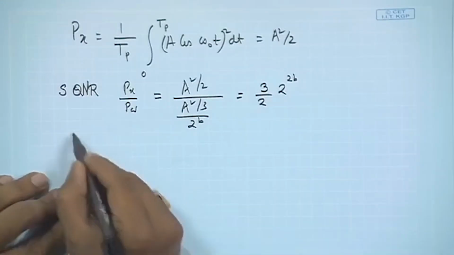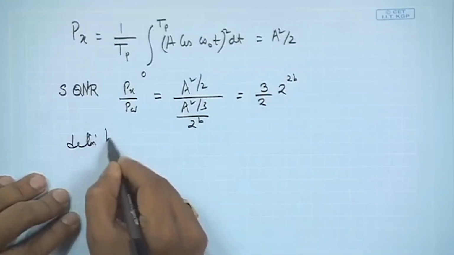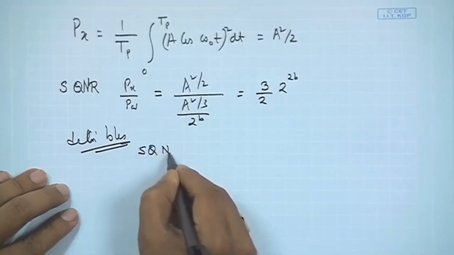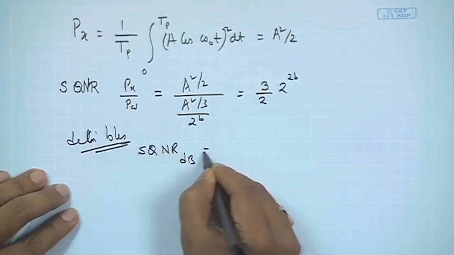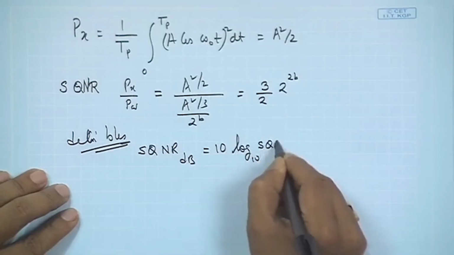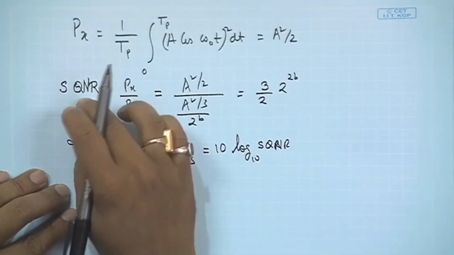So, if you convert this to decibels, that means SQNR in dB is 10 log base 10 of the SQNR that you calculated here.